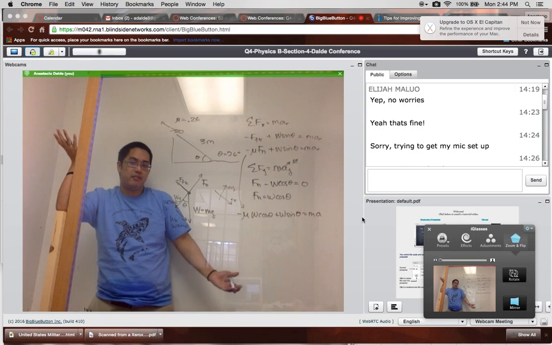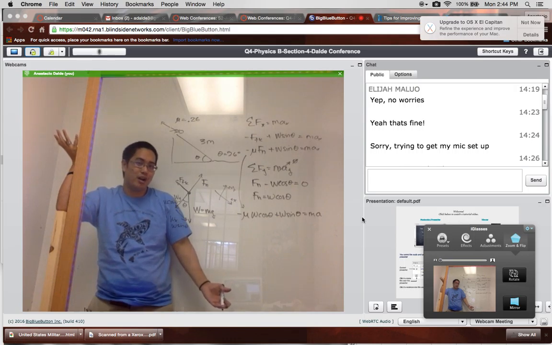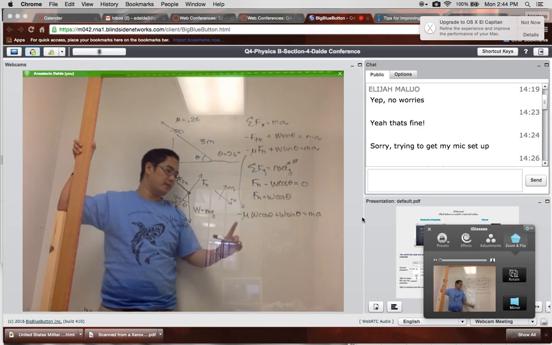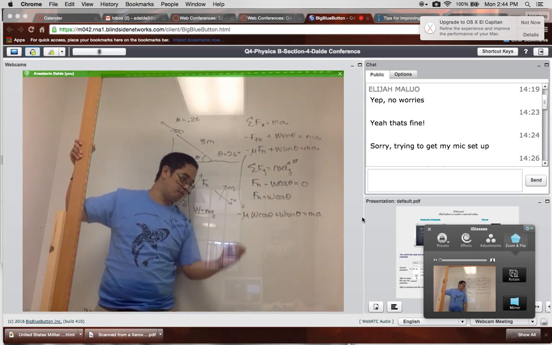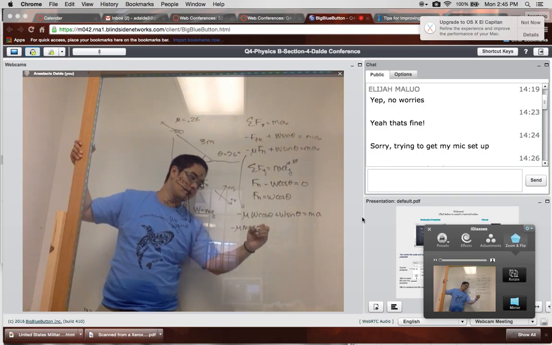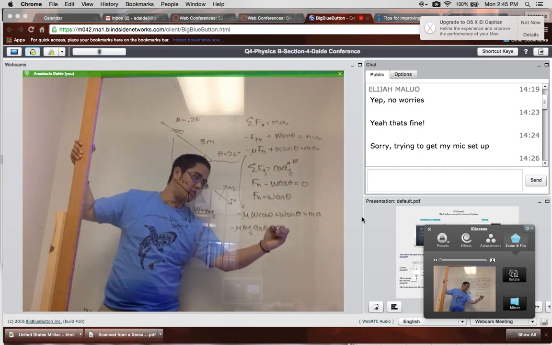There's no point in having an ax if there's no ay. W is the same as mg, right? Yep. So this is negative mu mg cosine theta plus mg sine theta is equal to ma.